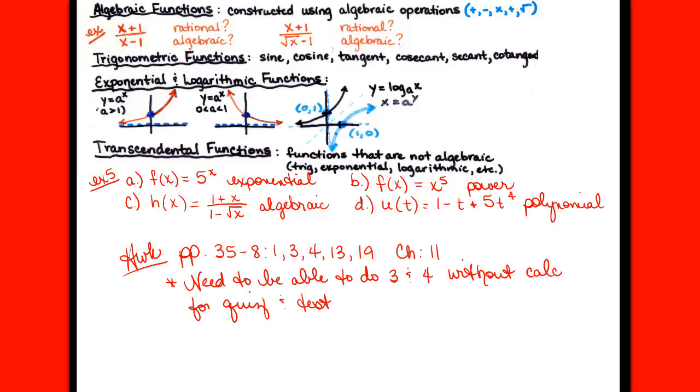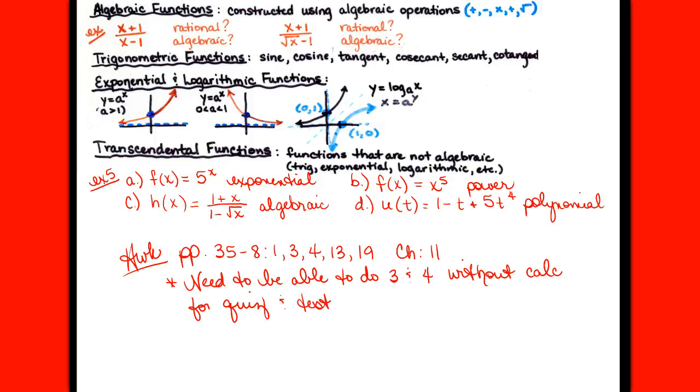Okay, so here is our homework for tonight. On pages 35 to 38, we're doing 1, 3, 4, 13, 19, challenge 11. Now, when you look at the homework and you look at numbers 3 and 4, what they'll have you doing for those is they give you a graph and they ask you to match that graph to its equation.